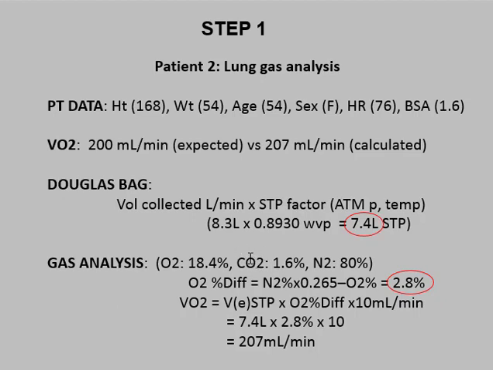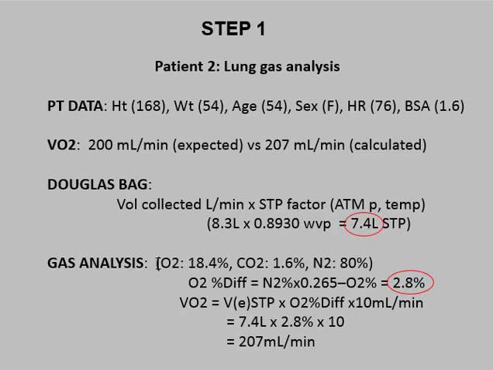So that, for example, in this patient, we collected 8.3 liters. We have to multiply it by this correction factor for water vapor pressure and obtain 7.4 liters at standard temperature and pressure. We also need to do a gas analysis.